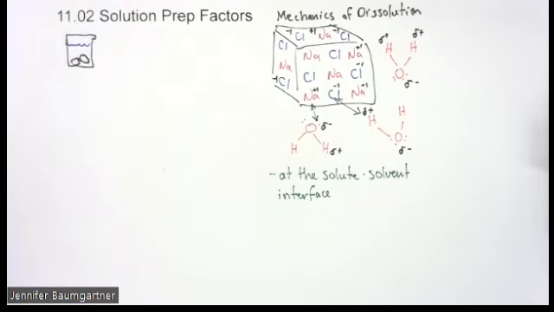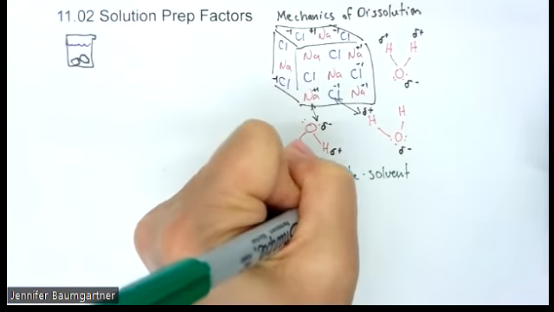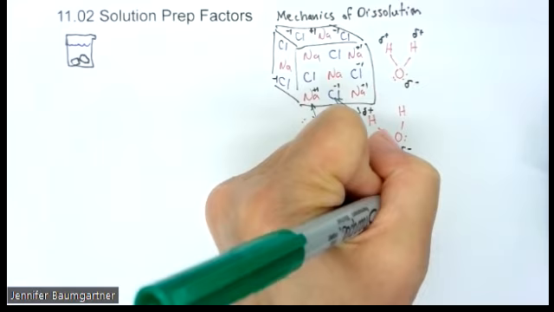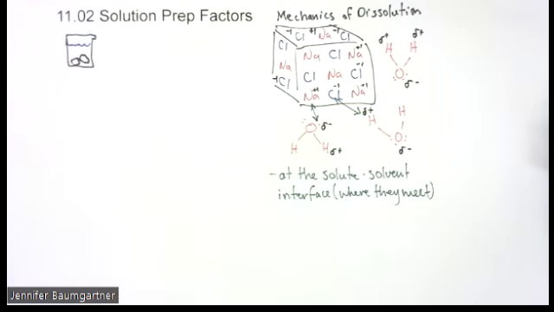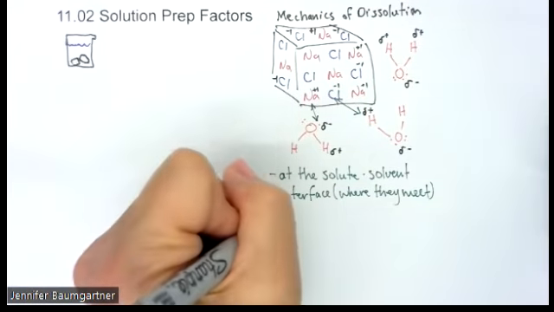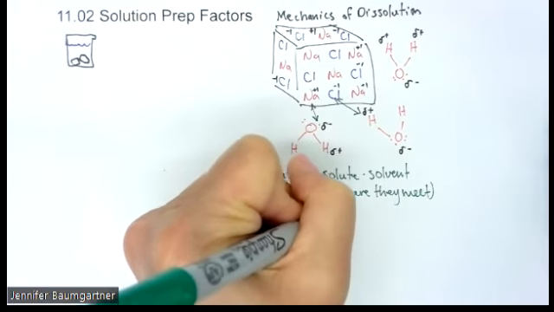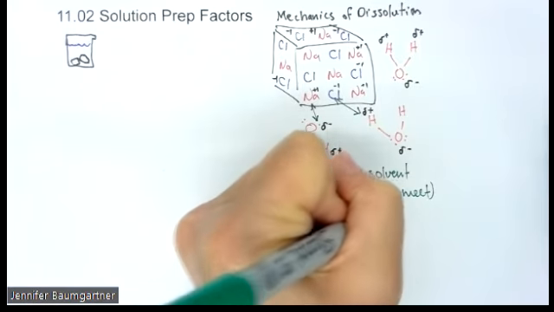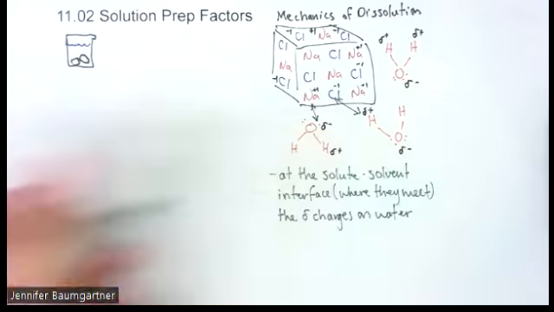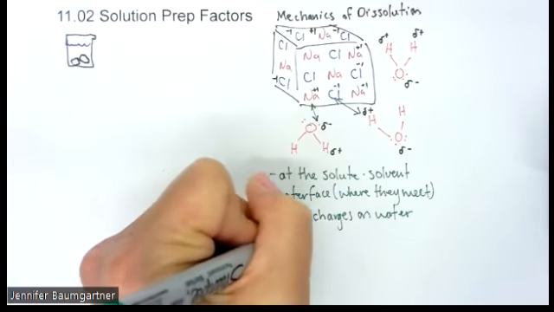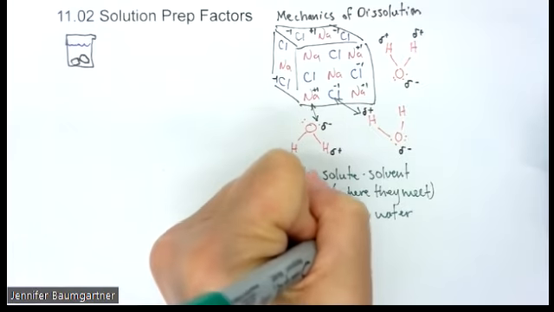and the definition of an interface is where 2 things meet. Where they meet, the partial charges on water attract the ionic charges.